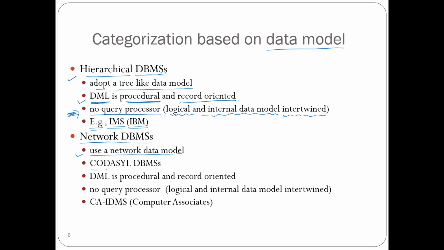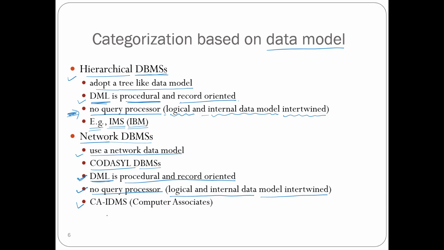The example is CODASYL DBMS. And here again, similar to the hierarchical DBMS, the DML is procedural and record oriented. Here again we don't have any query processor, and the reason is that the logical and internal data models are intertwined here as well. So that's again a drawback, I would say.